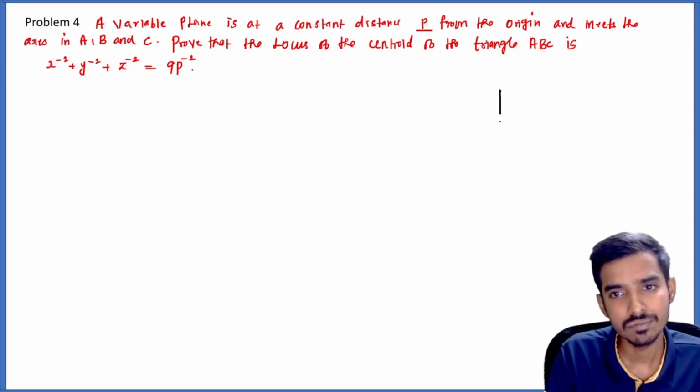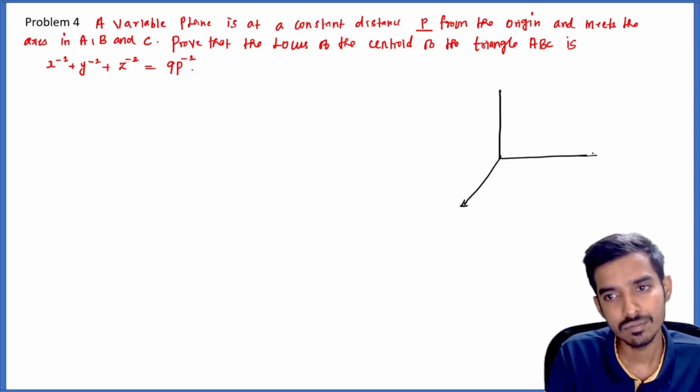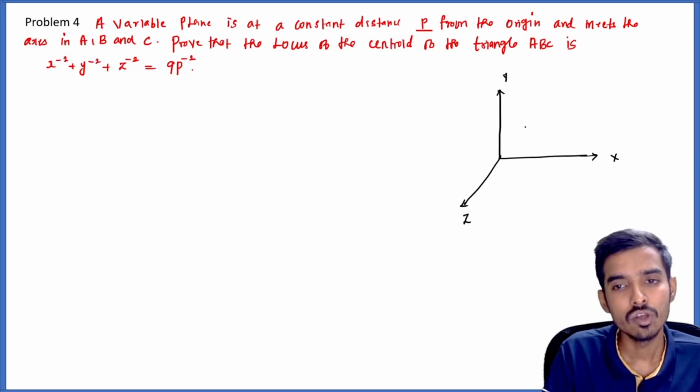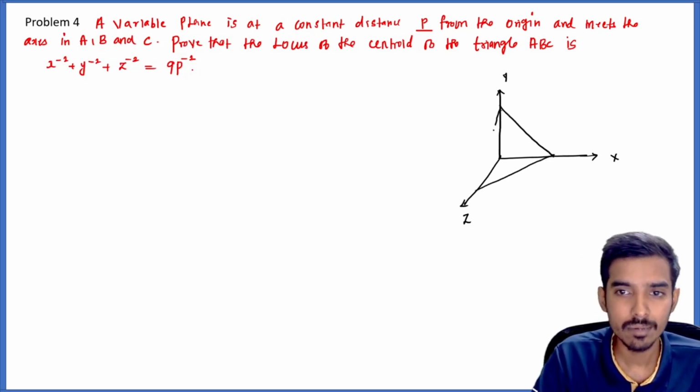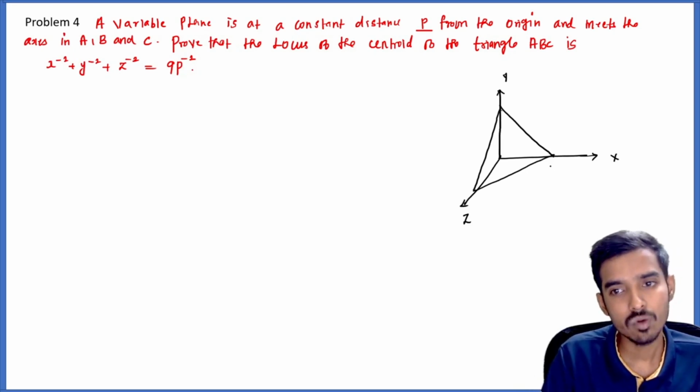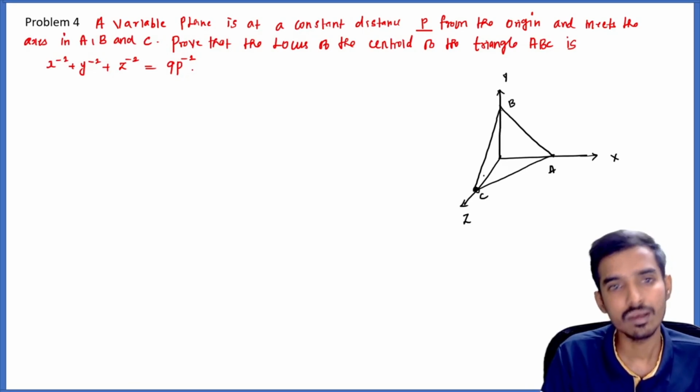Okay. Let's draw the coordinate plane. This is our x-axis, and this is our y-axis, and this is our z-axis, right? So we'll draw a variable plane. Okay. So it meets the coordinate axis at A, B, and C respectively, right?